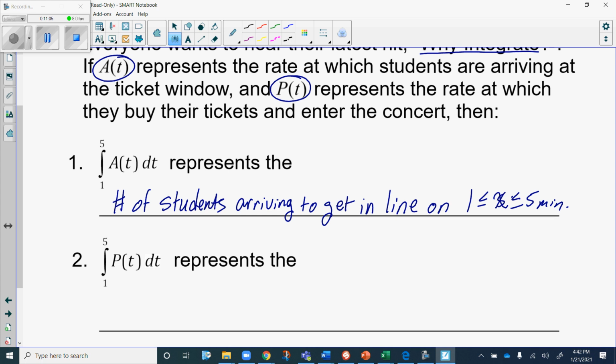And so P of t, it tells us in the problem that P of t represents the rate at which they buy their tickets and enter the concert.